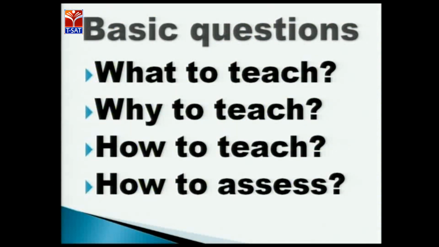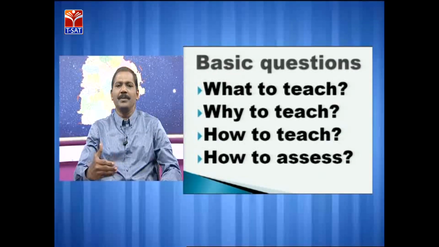The second point, why to teach, speaks about the objectives of teaching. What is my objective of teaching in this particular session? What am I going to give to the children? The third is how to teach.